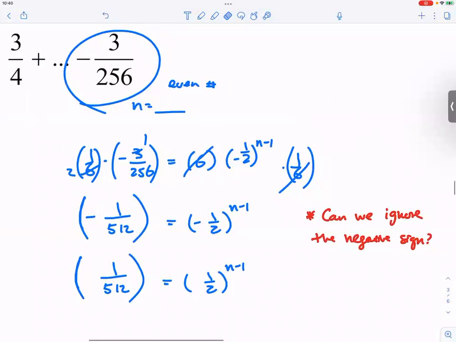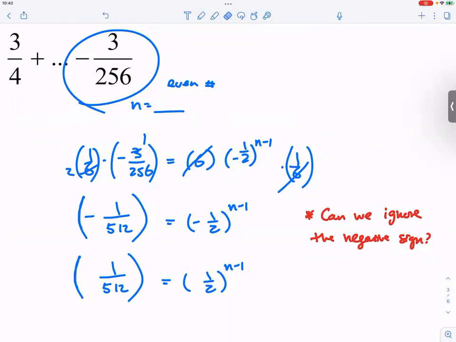Or the way I would put it in a more straightforward way is that we knew something. What do we know? We know n could be an even number. And that means n minus 1 would be an odd number. So the number on the right will end up being negative, eventually. And the negative on the right-hand side will eventually cancel out with the negative on the left-hand side.